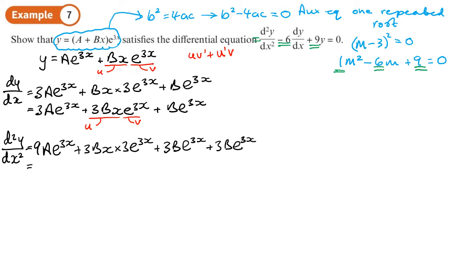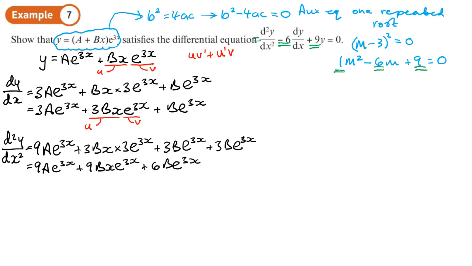We'll simplify that. So the bit in the middle becomes 9bx e to the 3x, and then the 2 at the end go together, 6b e to the 3x.